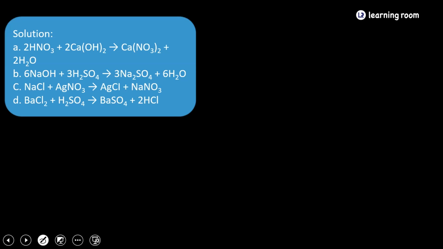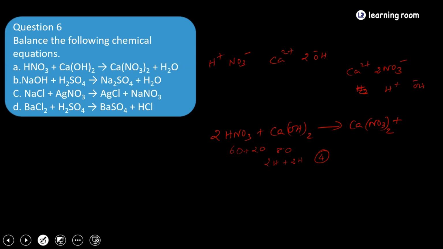The solution itself is wrong. And then 2H2O, 2 4s, here 2. Ca(OH)2 plus HNO3.